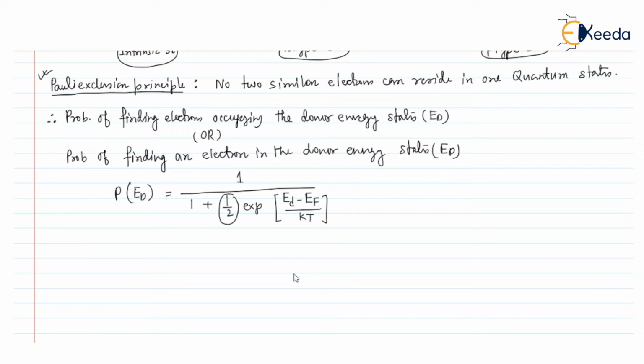This half factor comes from the fact that every donor level has two possible spin orientations for donor electrons.